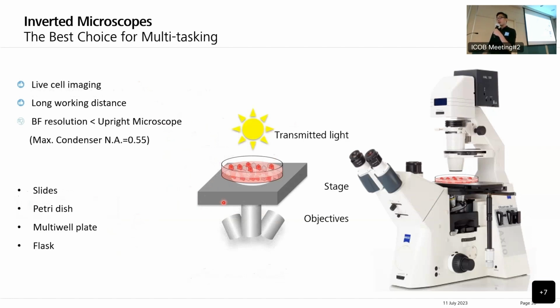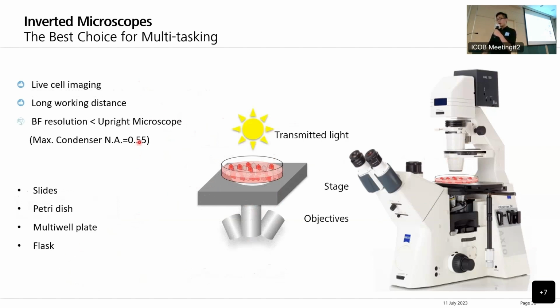And because we have a longer working distance for our condenser lens, you can see here, this one is our condenser lens, so with the longer working distance, we can put in samples with much greater height. We just mentioned the flask type of sample carrier.